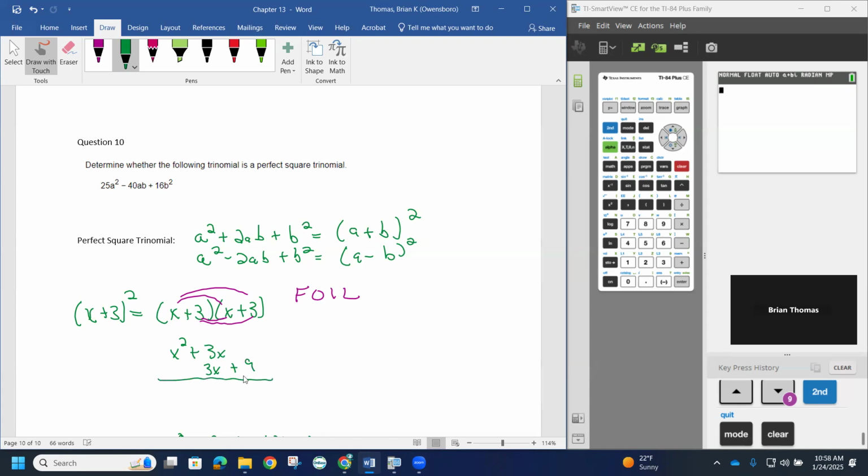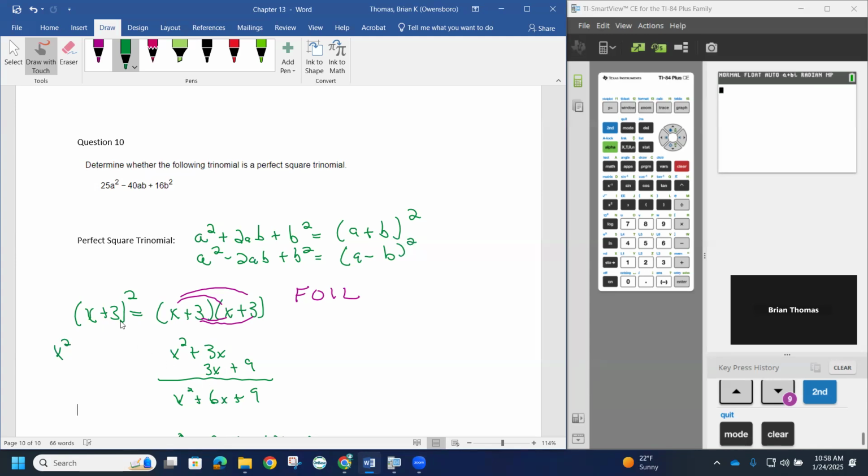So if we do this out, notice how we have x squared plus 6x plus 9. So what we kind of notice here is there's a pattern. When you square a binomial, it's going to turn into a trinomial. The pattern is we square the first term, x times x is x squared.